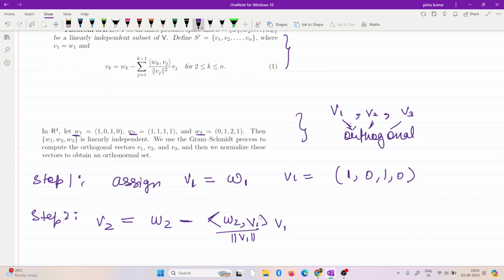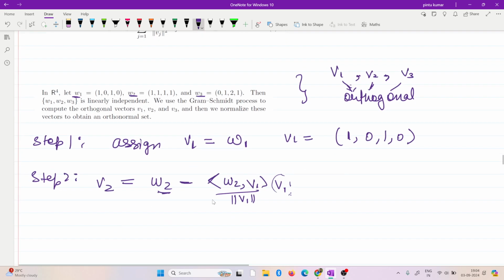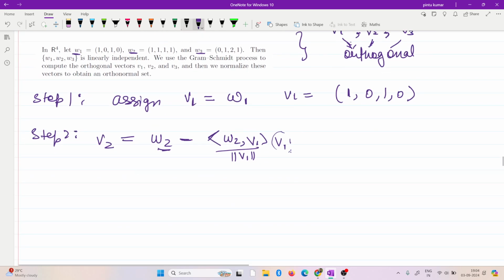So what I'm doing is taking the projection of W2 in the direction of V1 and subtracting it. Whatever component is there in the direction of V1, I'm subtracting that from W2. This is how I will obtain V2. So let's solve this.